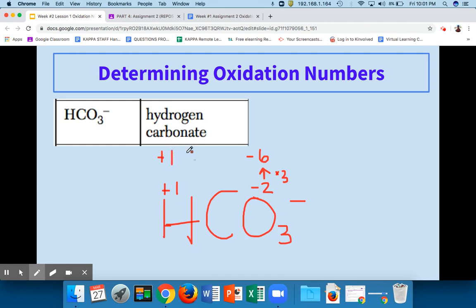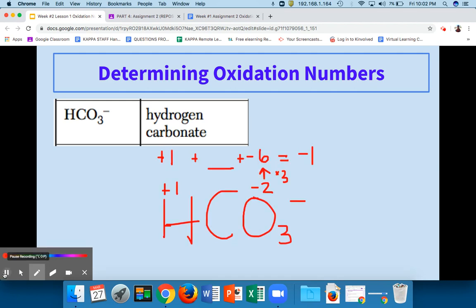Now all I need to solve for is my carbon. So I'm going to leave a blank there for carbon. And all of these added together need to equal a what? They need to equal -1 because this ion, it's a polyatomic ion, has a -1 charge. So 1 plus what -6 gives us a -1?